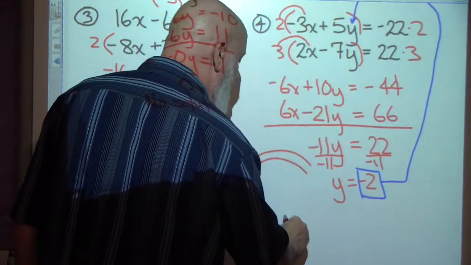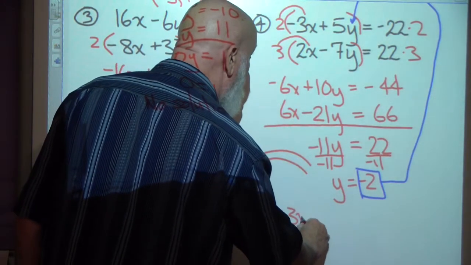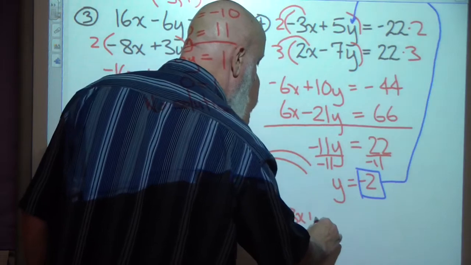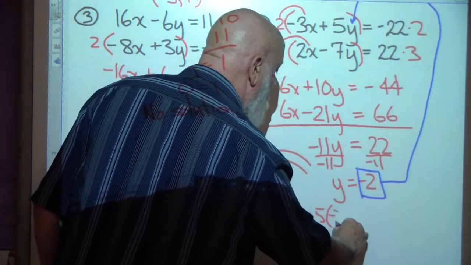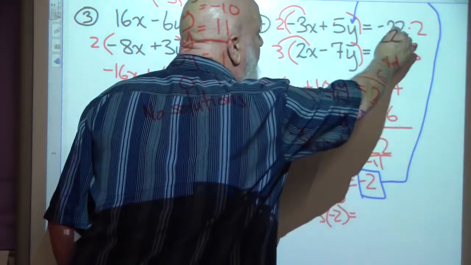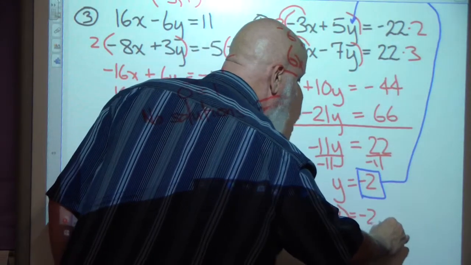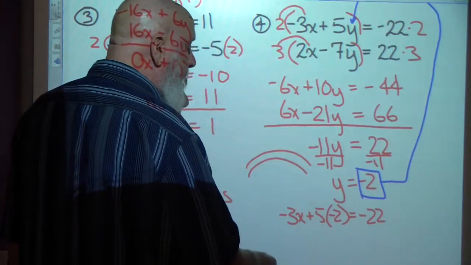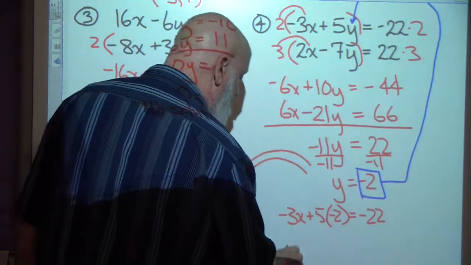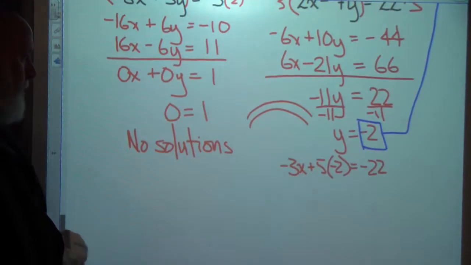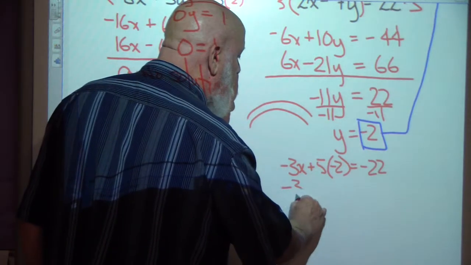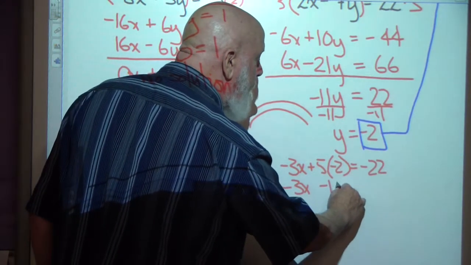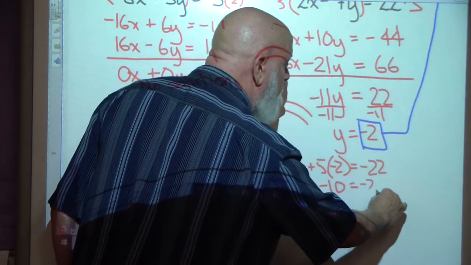This will give me negative 3x plus 5 times negative 2 is equal to negative 22. That's the equation I'm plugging it into, just this original equation in black. And now I'm going to solve this for x. Let me scroll down just a little bit. Negative 3x minus 10 equals negative 22.